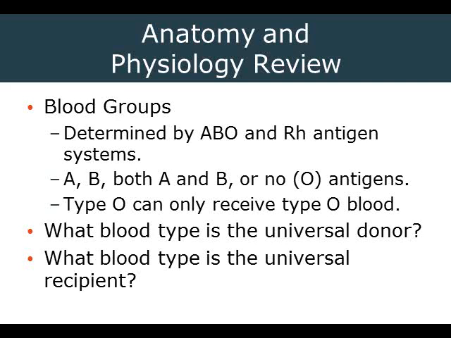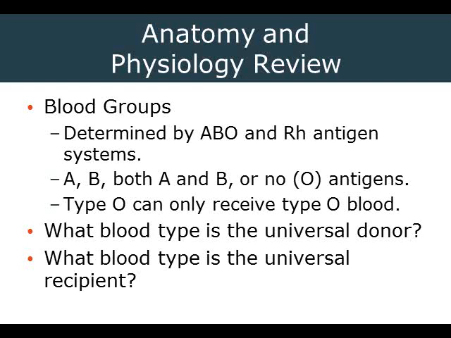They can't receive A or B. However, type O can be given to anybody because they don't have those antigens to do battle with the antibodies that person already has. So type O's can give to anybody, and are known as the universal donor. Type ABs are known as the universal recipient, because you can give them A and they're okay, you can give them B and they're okay, you can give them O and they're okay.